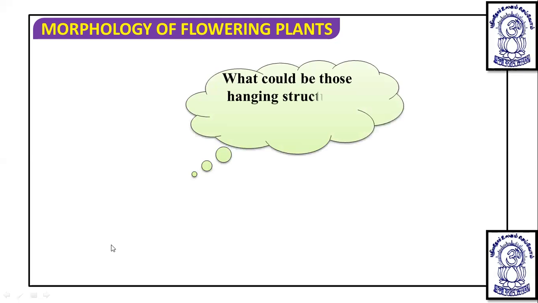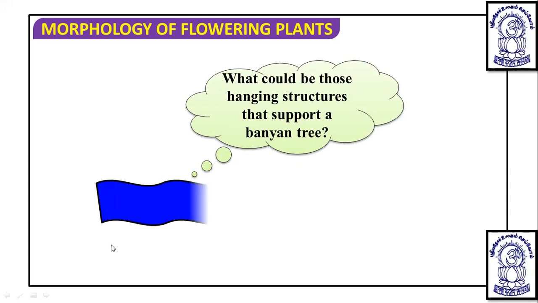Apart from this, what could be the hanging structure that supports a banyan tree? The next question which comes to our mind is, in the banyan tree, that is Ficus bengalensis, what is the hanging structure which we see? We can answer that it has a prop root or pillar root.